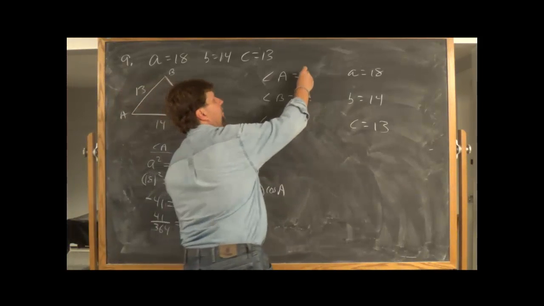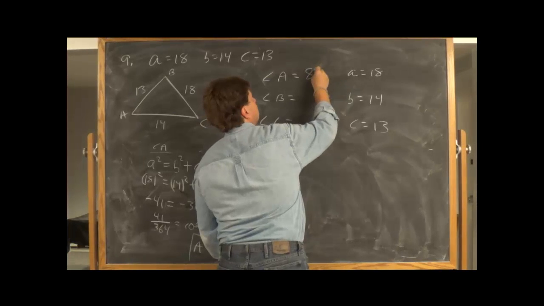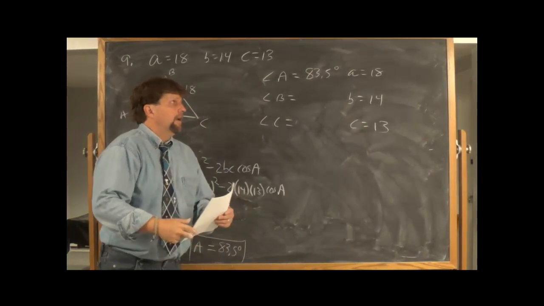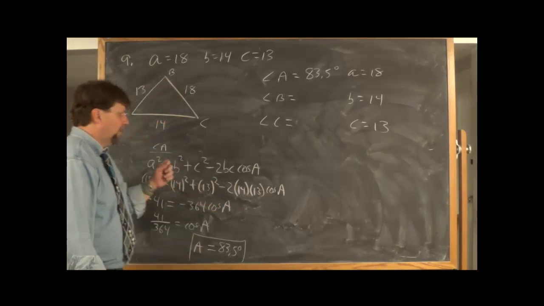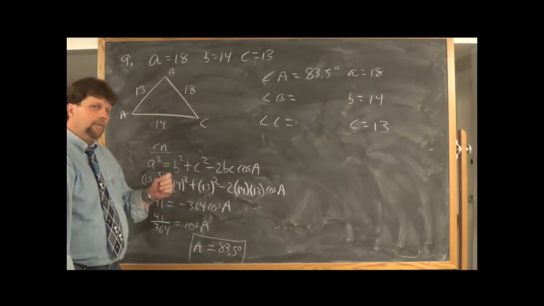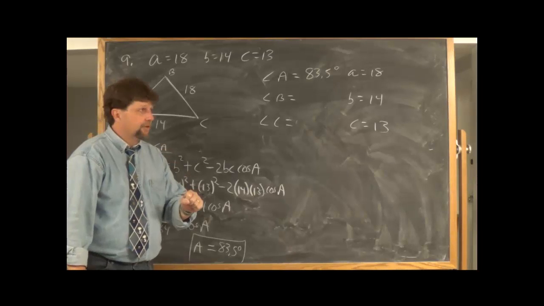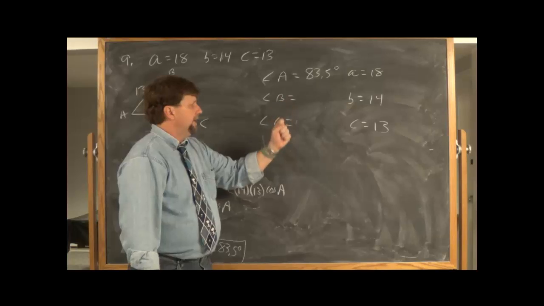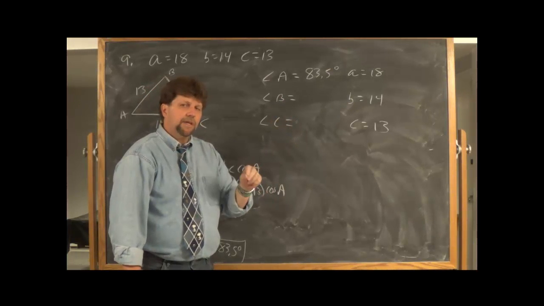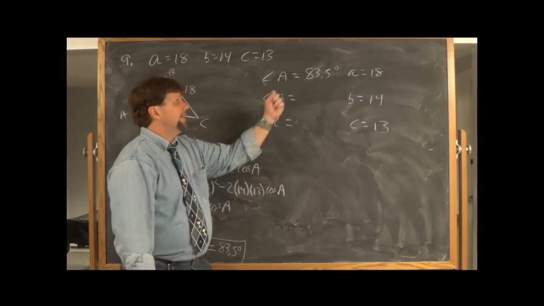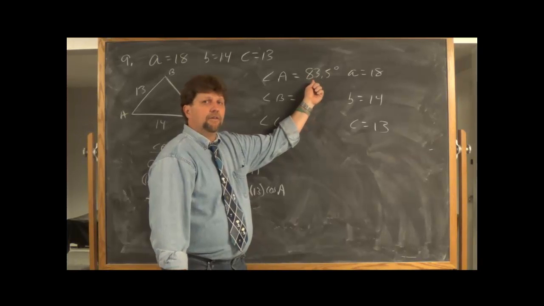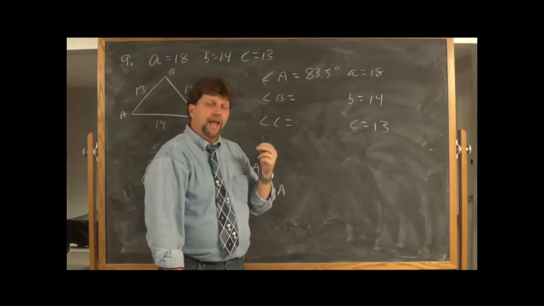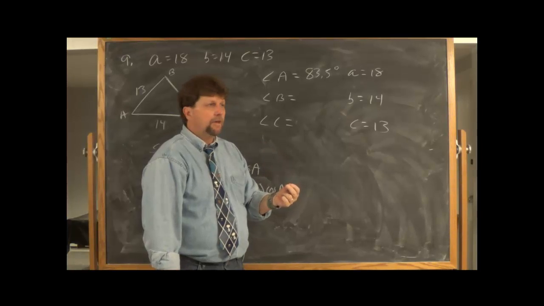So at this point I know angle A is 83.5 degrees. Here's why I want you to find the largest angle first. Since I found the largest angle first, I know it's a guarantee angle B and angle C have to be acute angles. These angles are going to be smaller than that angle, so they have to be acute.